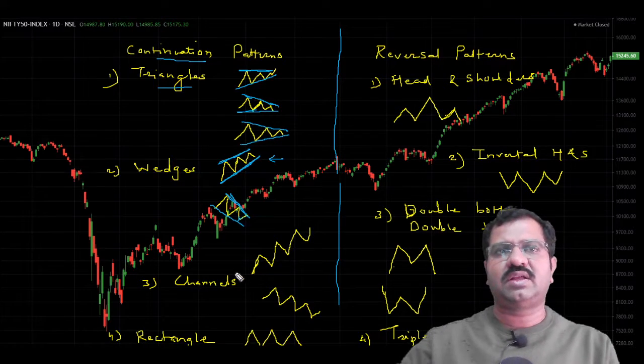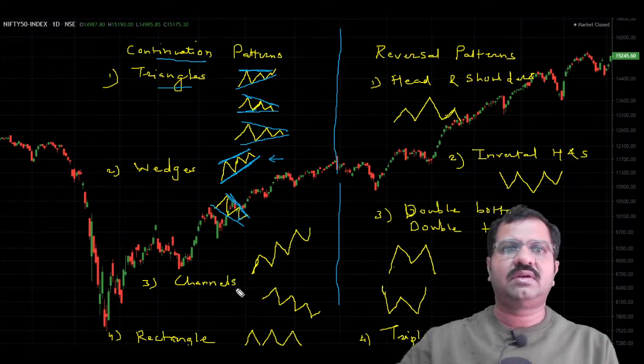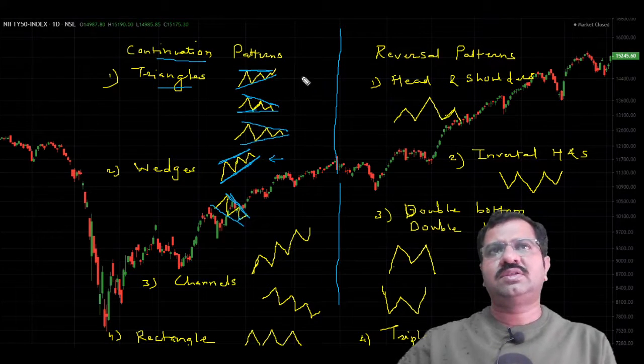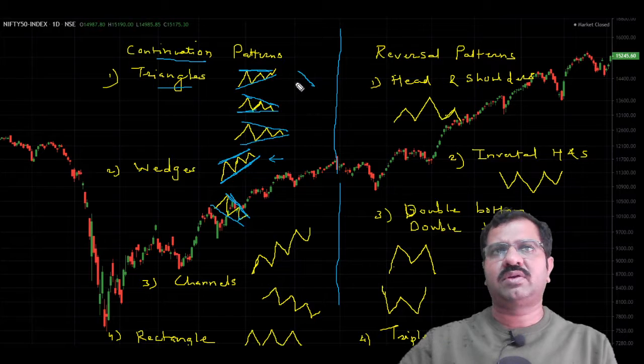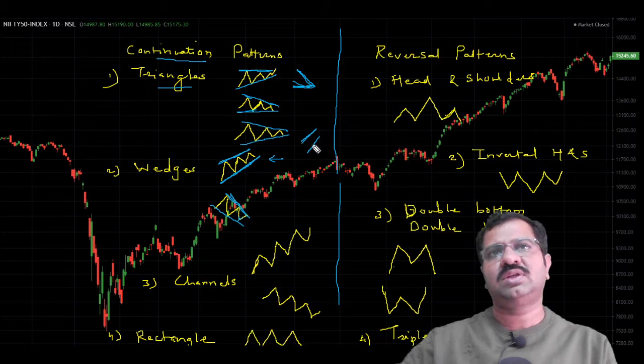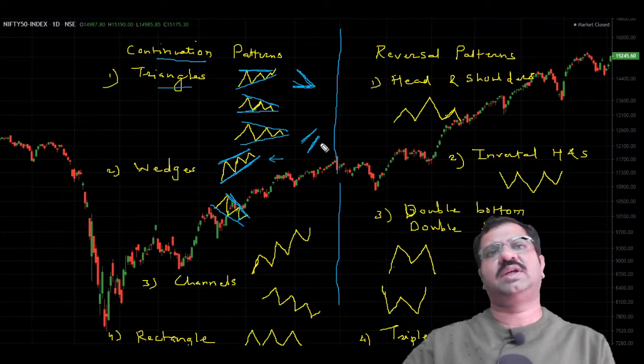The next pattern is channels. Now in triangles, you can clearly see a triangle forming like this, right? This is also called a pennant. In wedges, you can see that both these edges are coming closer, but the slope is on one side.